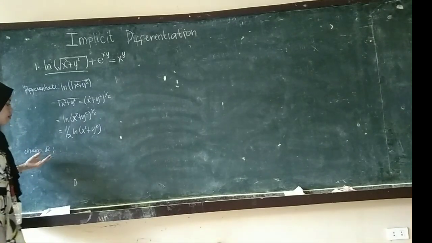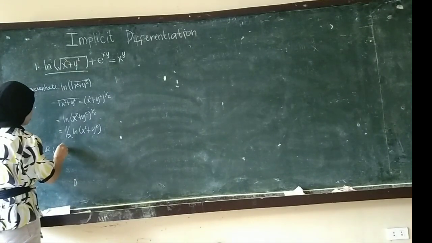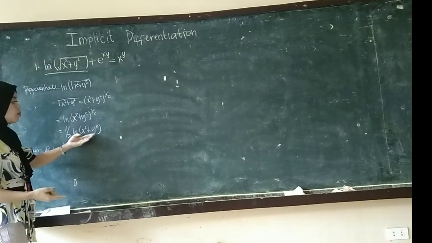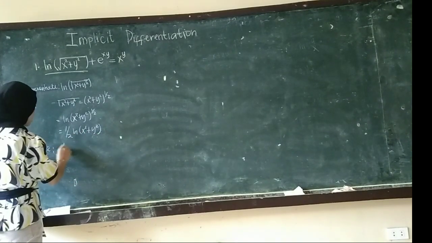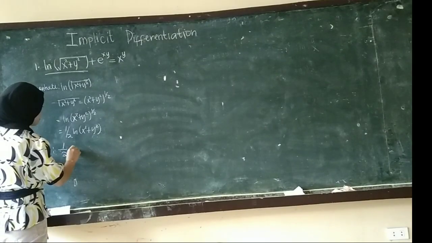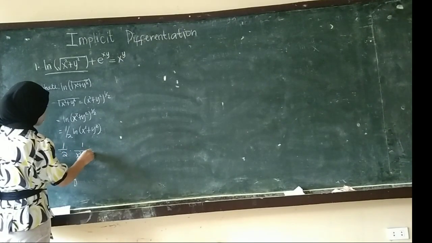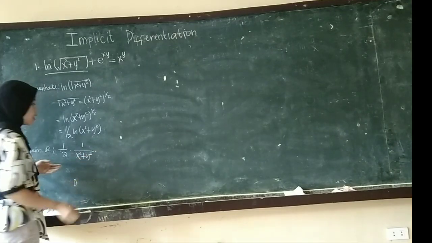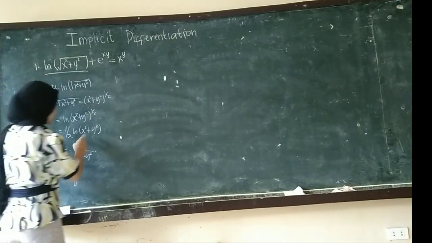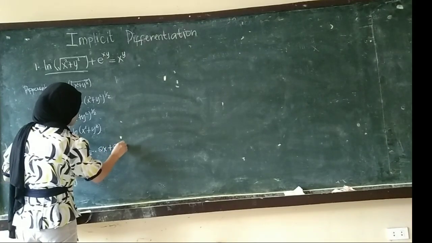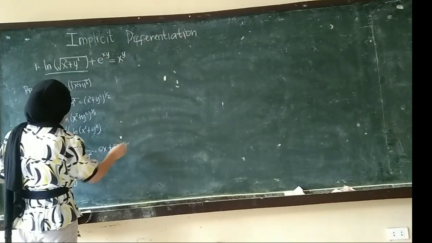In the chain rule, let u be x squared plus y squared. So 1/2 multiplied by 1 over x squared plus y squared, multiplied by the derivative of u, which is 2x plus 2y y prime.